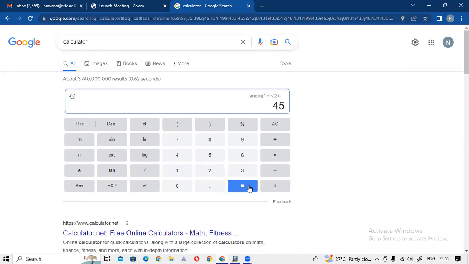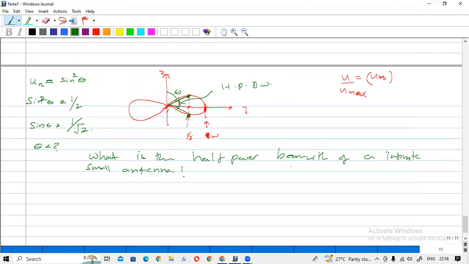It should be in degrees, not a radians value. Yes, it is 45 degrees. Please check it.